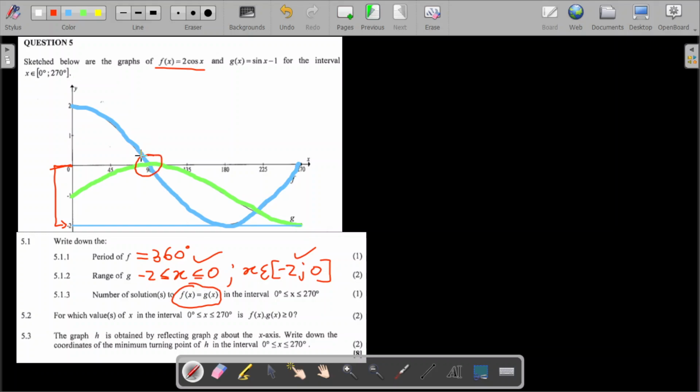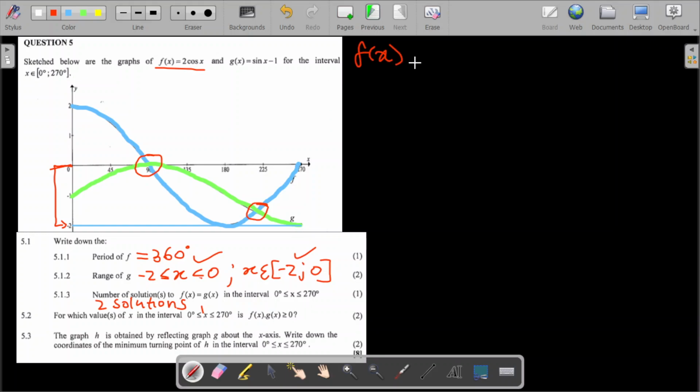So this is where I get my point of intersection, and also this is where I get my point of intersection. So how many solutions are there? We have 2 solutions because we have 2 points of intersection.